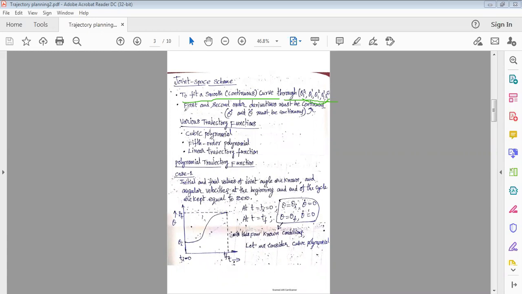Therefore, first and second order derivatives must be continuous. What are they? Theta dot and theta double dot, the angular velocities and angular accelerations. These must be continuous in order to maintain smooth travel of the end effector along the path.